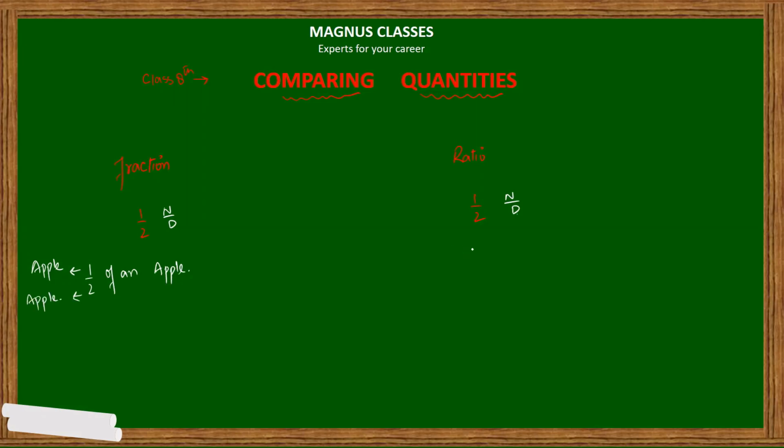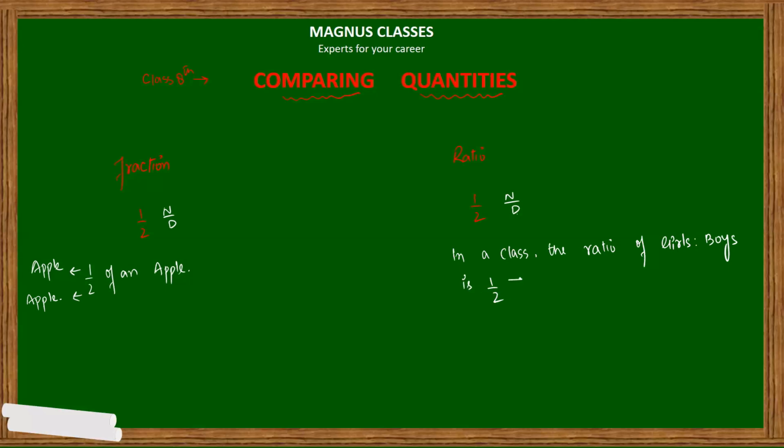But when you talk about the ratio, both numerator and denominator represent different quantities. For example, we say in a class the ratio of girls to boys is 1 by 2. Fine.